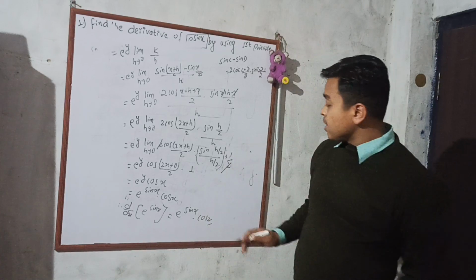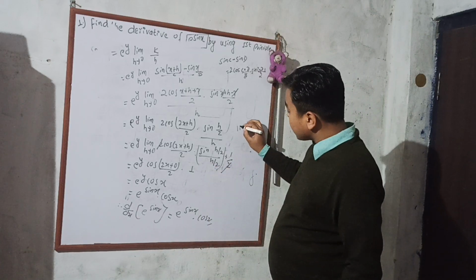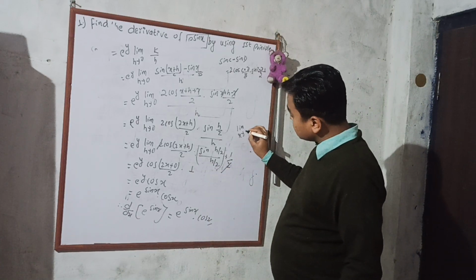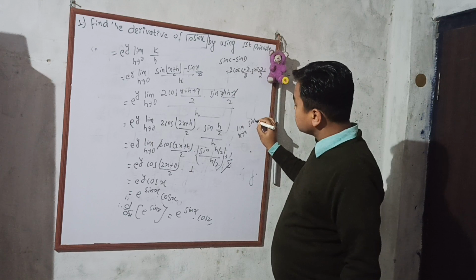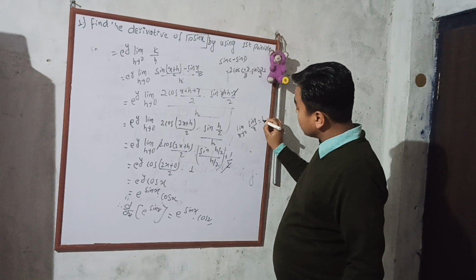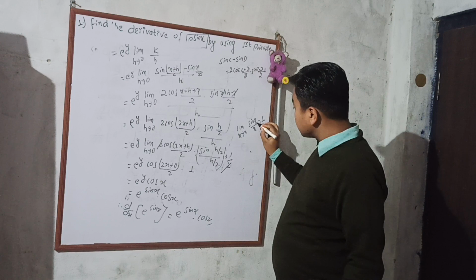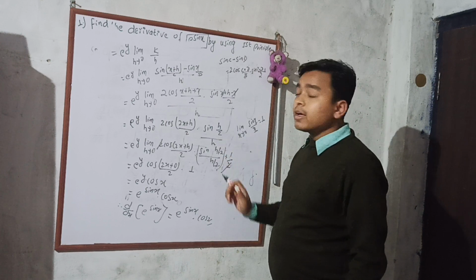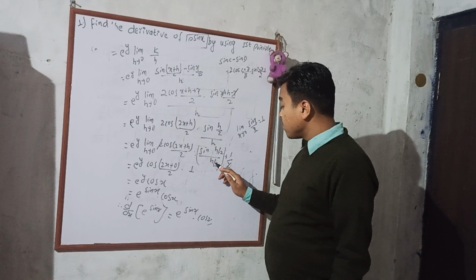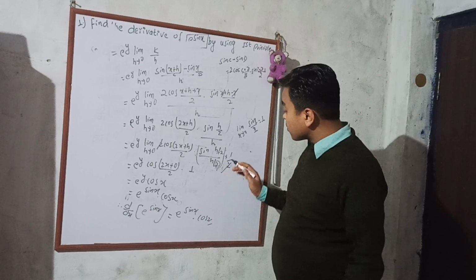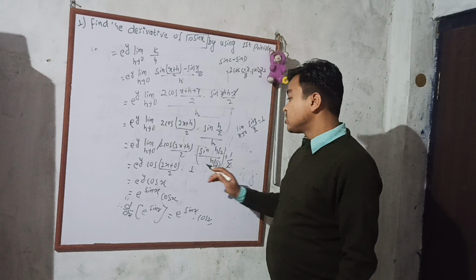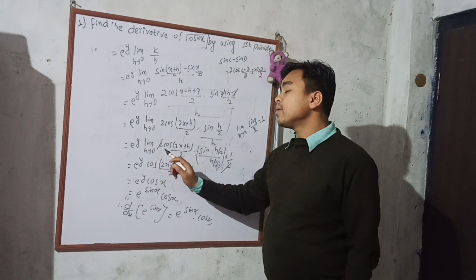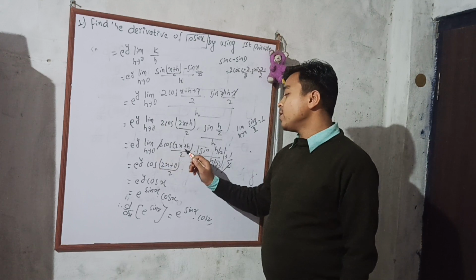You know that limit x tends to 0 of sin x divided by x is equal to 1. There is x by 2 here, so I put x by 2, but we have to multiply by 1 by 2, and this 2 cancels. Put x as 0, and the value becomes 1 according to this formula.